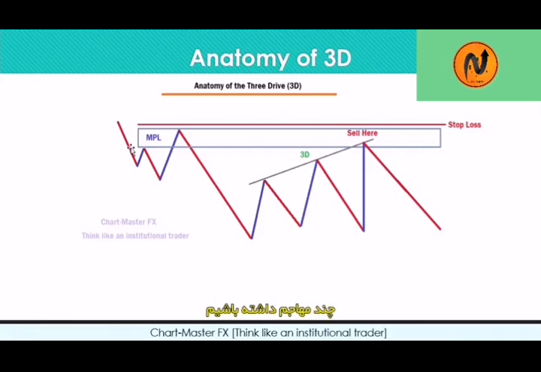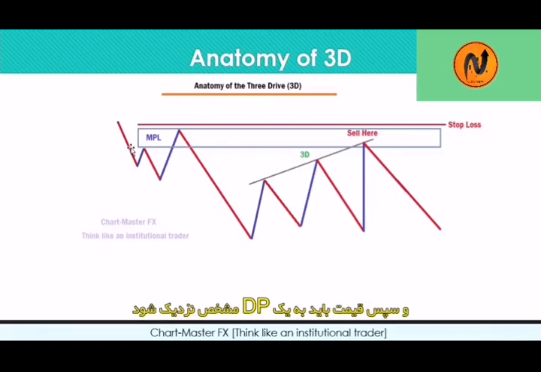The price approaching strategies such as the 3 drive are there to score goals, guys. They are there to score goals. So once you have identified your phase 1, phase 2, phase 3, phase 4, then you are now waiting for the price to come to phase 5.